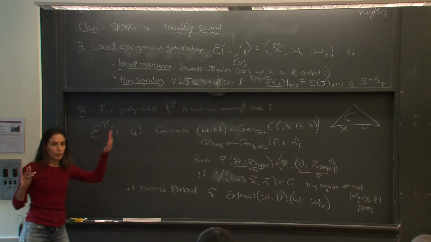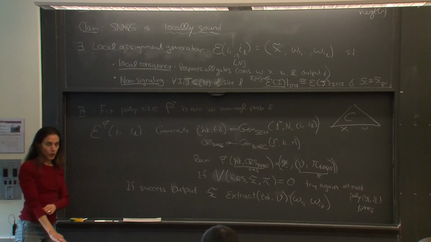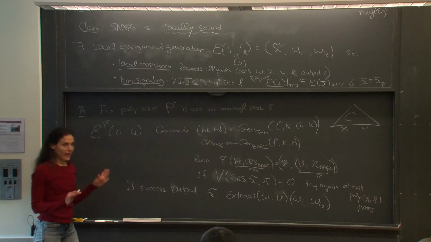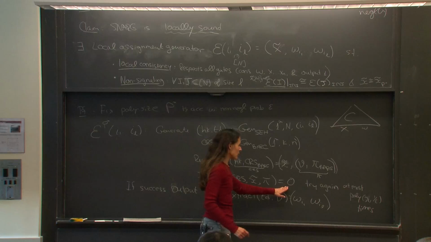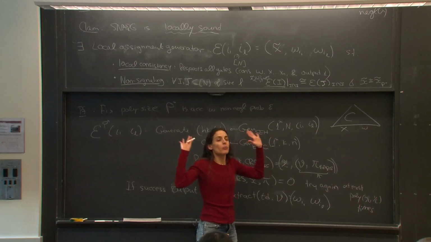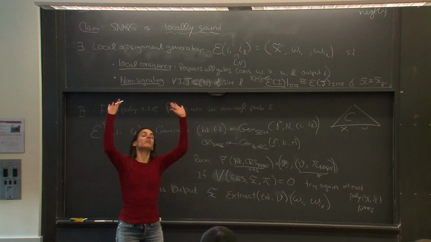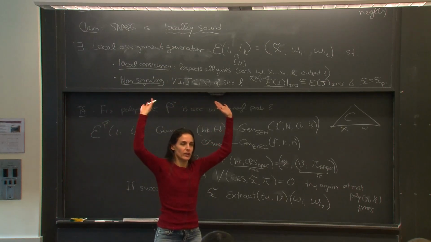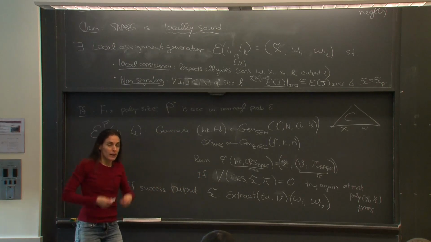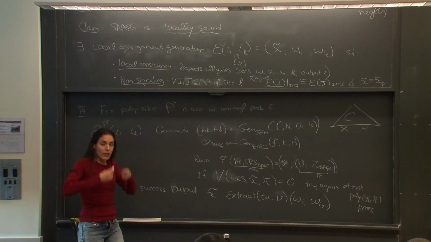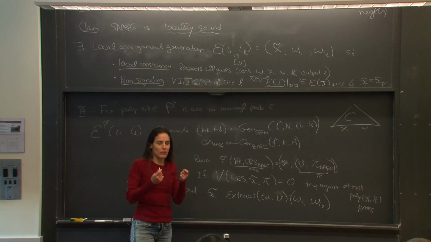Think of epsilon as 1 over poly lambda, so I'm going to run in time poly in lambda. The first thing I want to argue is that I'm going to run at most poly lambda and 1 over epsilon times. And you say, what if all of them are rejected? Then I'm going to say, okay, I was defeated. What is the probability that I'll be defeated? Negligible, because each time I'm starting fresh.